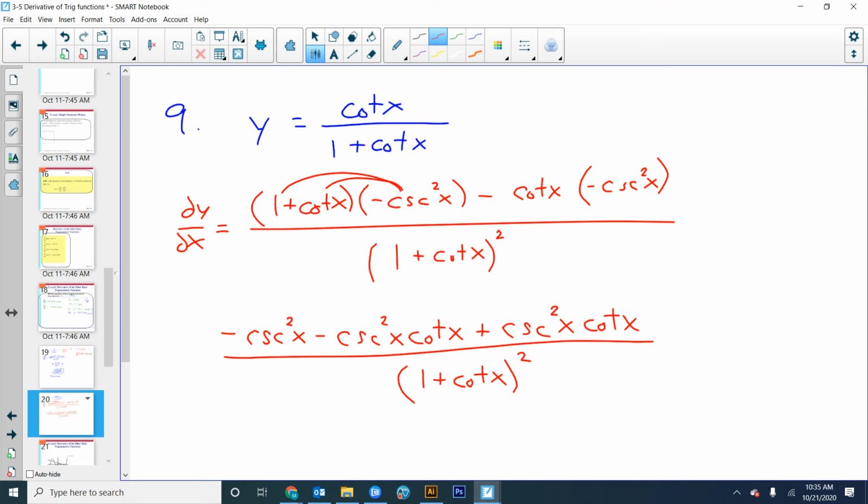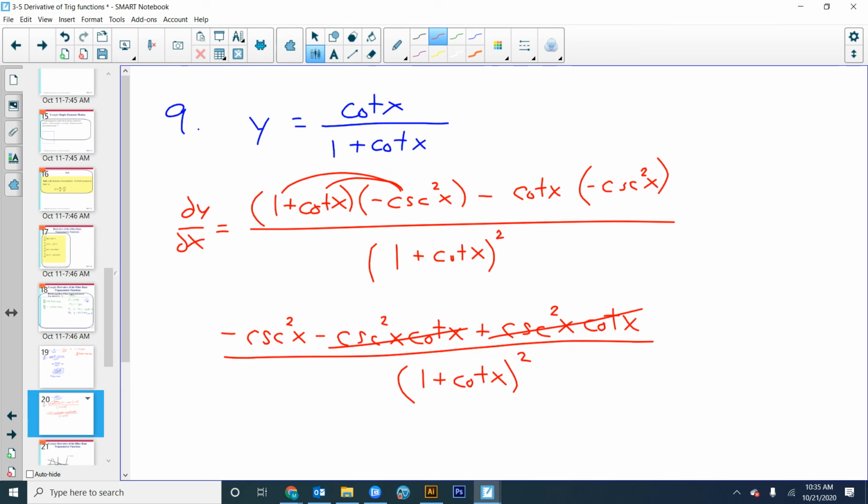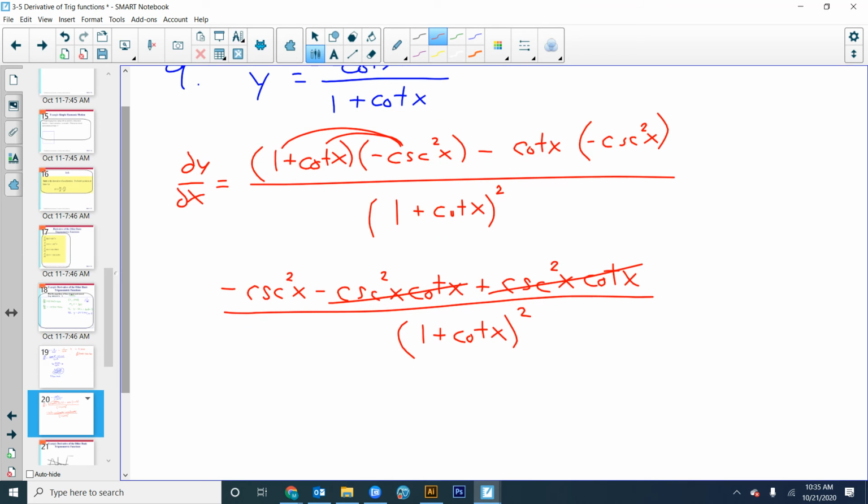Anything able to cancel? Yeah. I have a negative cosecant squared x cotangent x and a positive cosecant squared x cotangent x. Those cancel, and I am left with negative cosecant squared x over 1 plus cotangent x quantity squared.